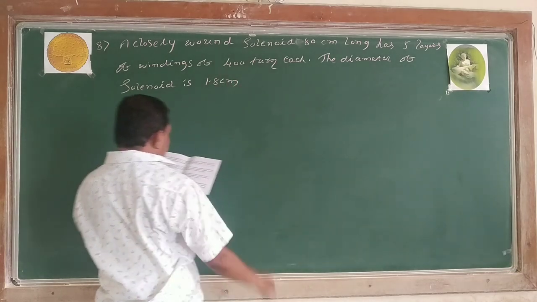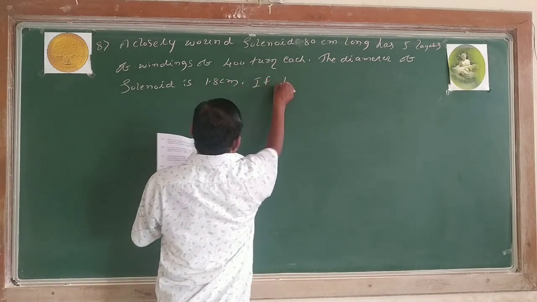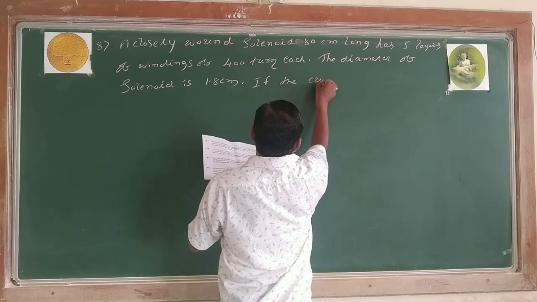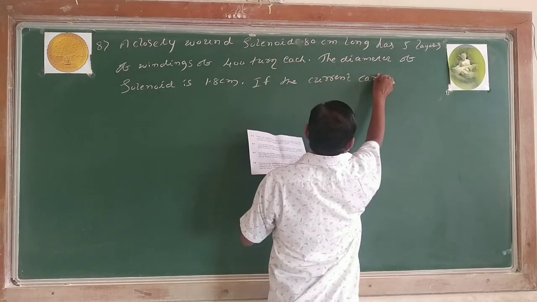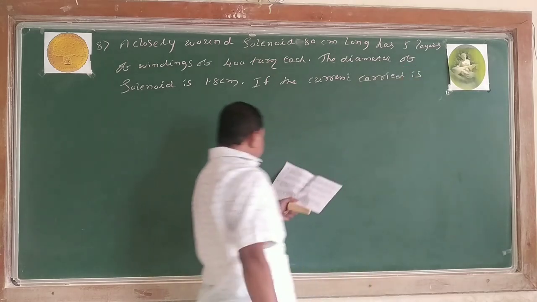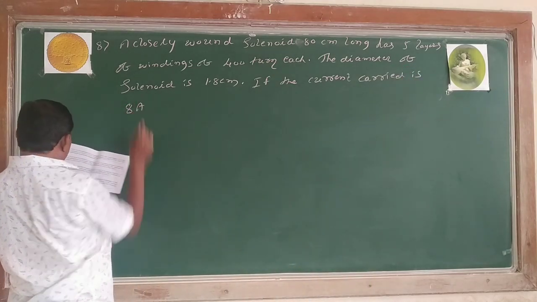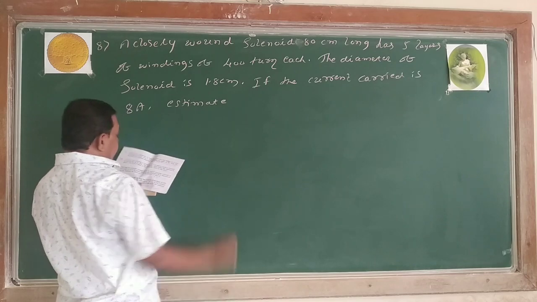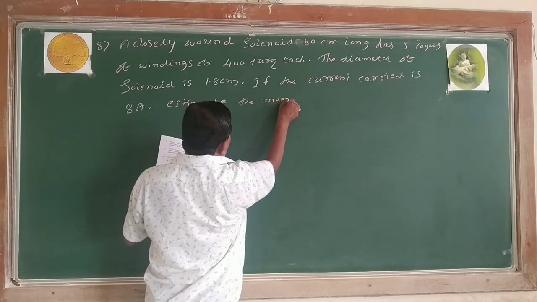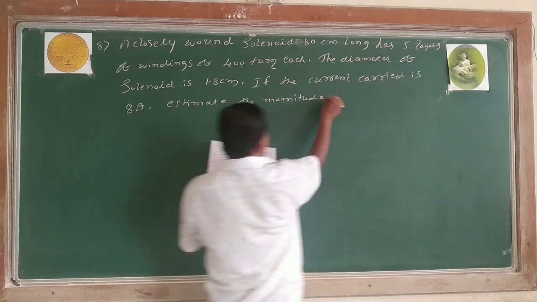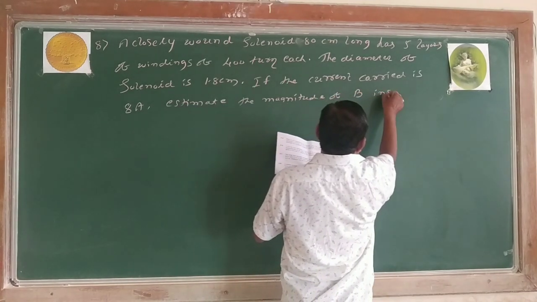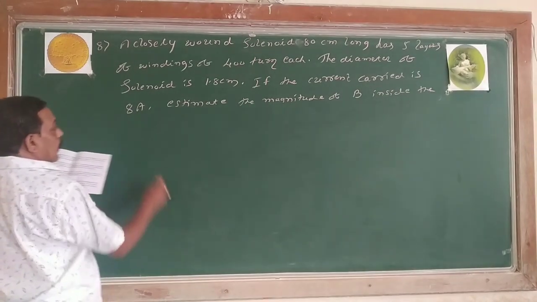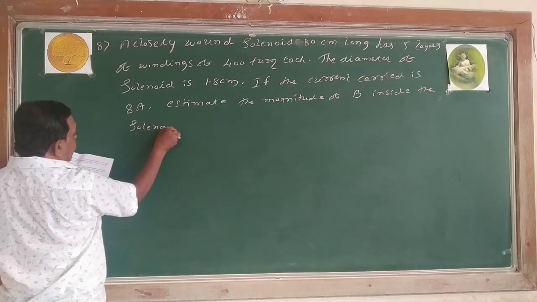If the current carried is 8 ampere, estimate the magnitude of magnetic field inside the solenoid, near its center.